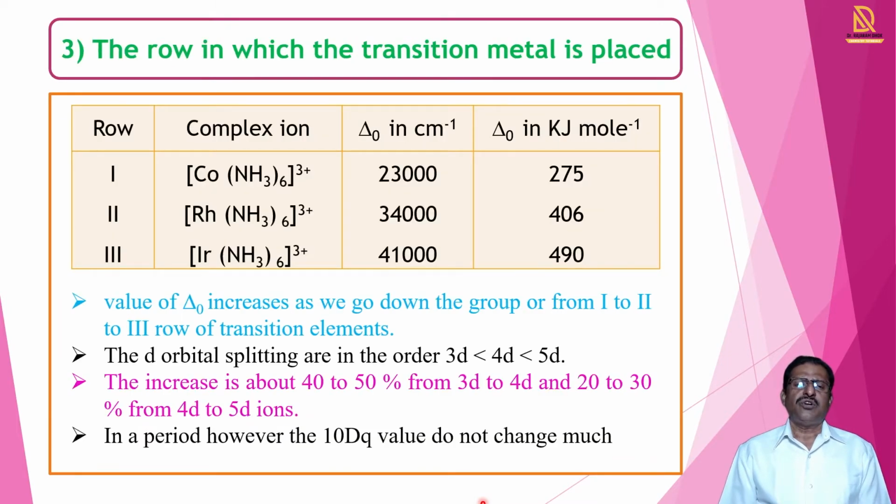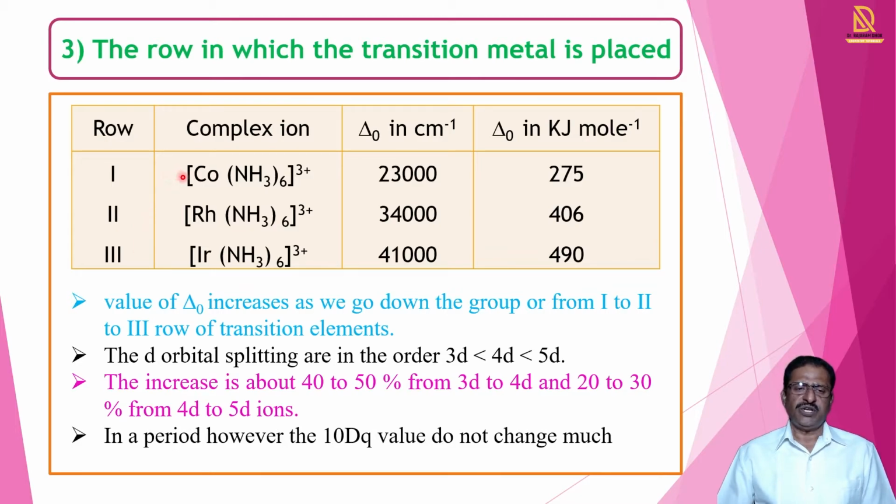Now, the third factor is that the transition metal is taken from different transition series. So what is the position of that transition metal in the transition series? For that purpose, we take examples from different transition series: first row elements, or first transition series element, second transition element, and third transition.